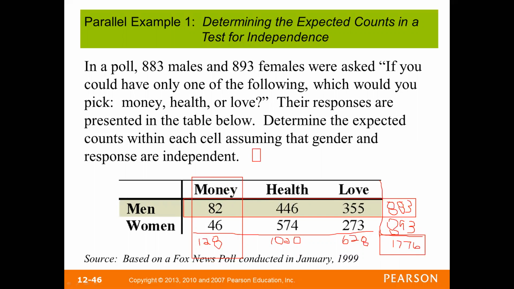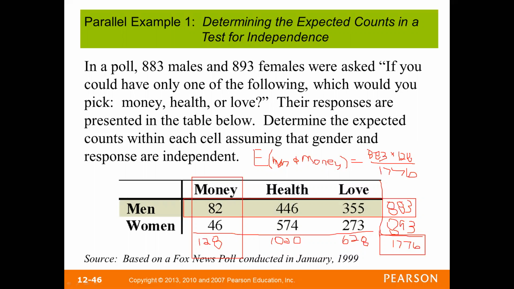So the expected men and money would be 883 times 128 over 1776.